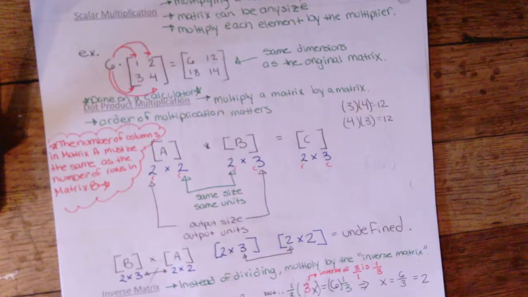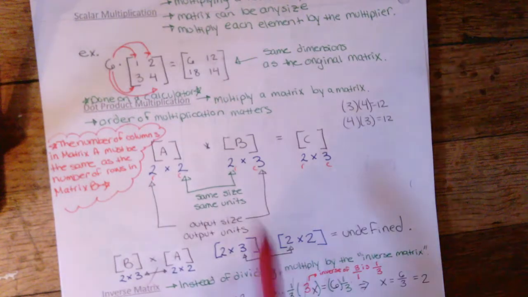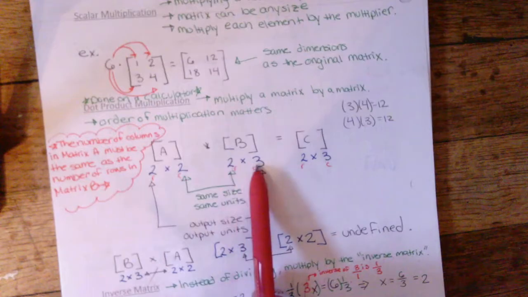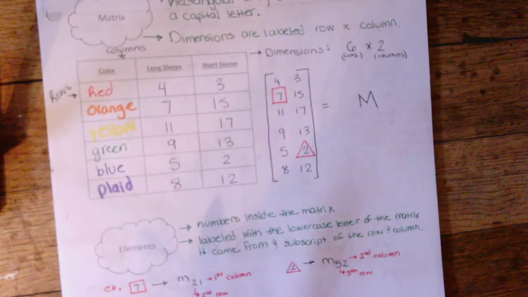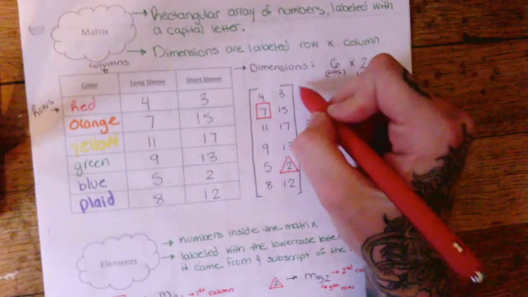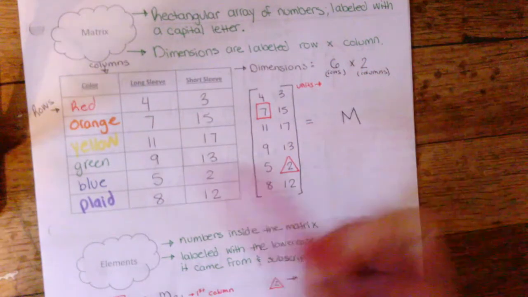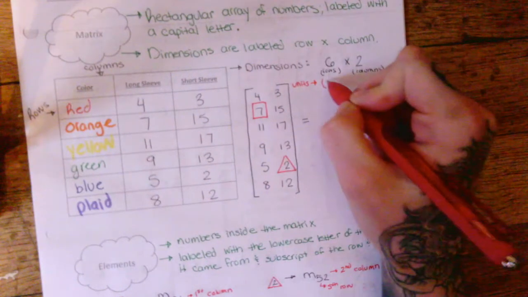Okay, so on the homework, when you're trying to multiply the matrices, make sure you're setting them up so that the matrices have the same dimensions and units. So if we were talking about the shirts, I could say that my units for the rows would be the color of shirt.